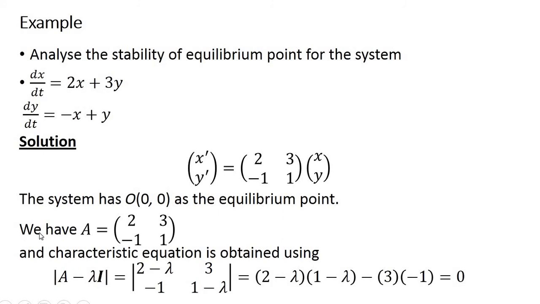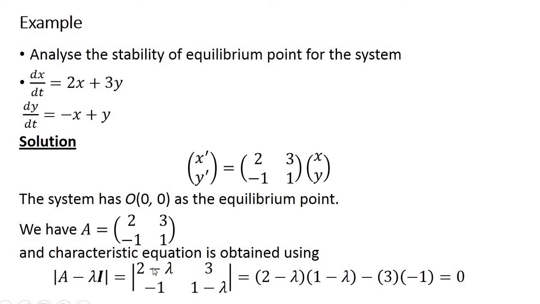Or we can try this system and establish that 0, 0 is the equilibrium point. So we have matrix A, which equals 2, 3, minus 1, 1, and the characteristic equation is obtained using the determinant of A minus lambda times the identity matrix, which is 2 minus lambda, 3, minus 1, 1 minus lambda.